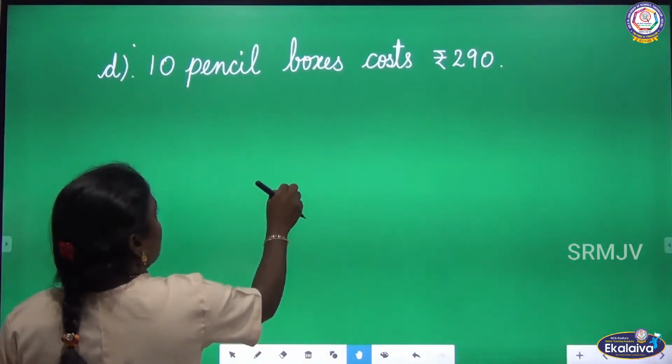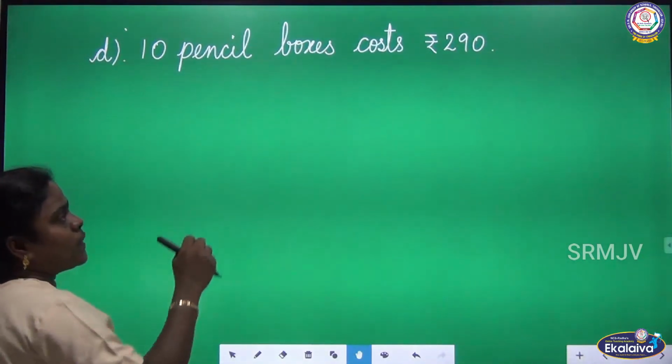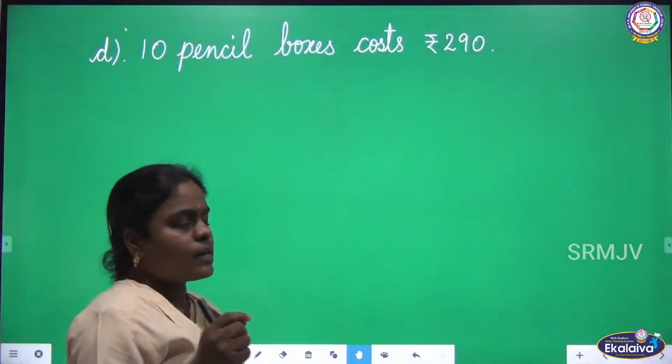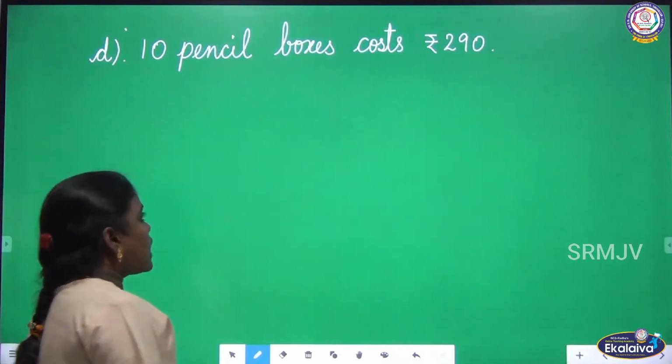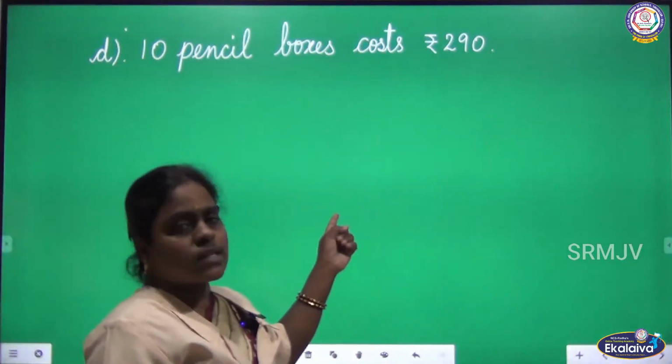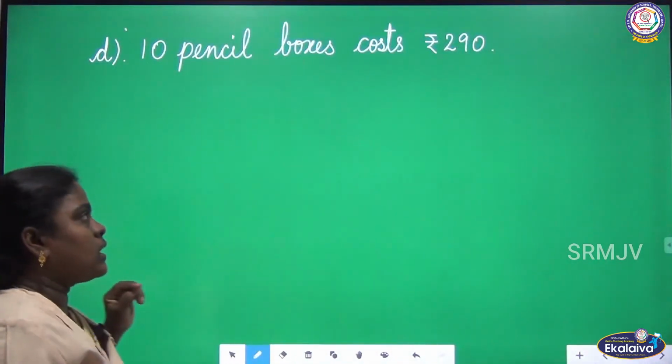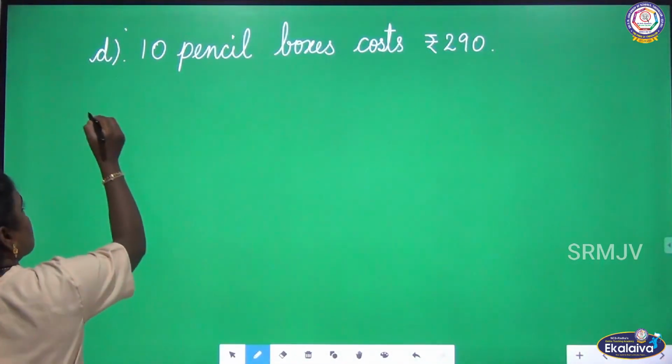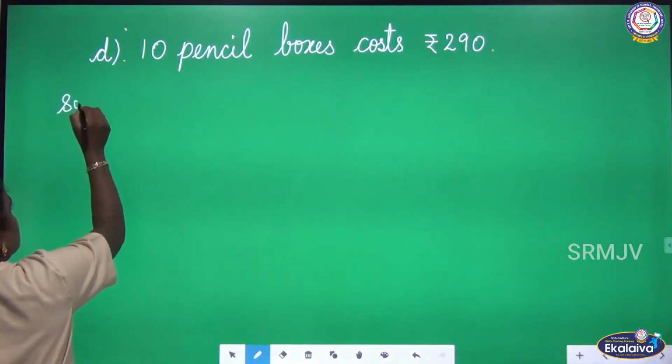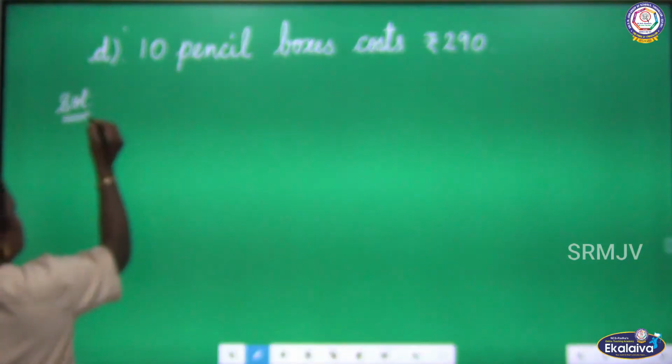Ten pencil boxes cost rupees 290. So here the cost of 10 pencil boxes is 290. We are going to find out the cost of one pencil box. So let us write the statements.